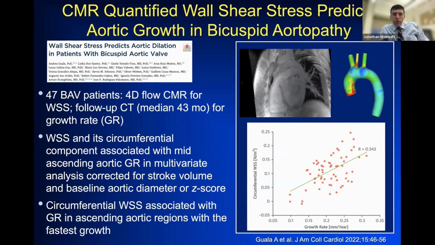Of note, circumferential wall shear stress was associated with increased growth rate, particularly in ascending aortic regions with the fastest growth, supporting the notion that aortic growth is a heterogeneous phenomenon, varies in terms of regionality of the aorta, and that wall shear stress, as well as biomechanical factors influencing cell signaling pathways and ultimately elastin degeneration and otherwise, may be driving this process.